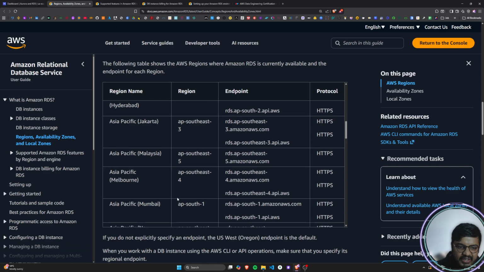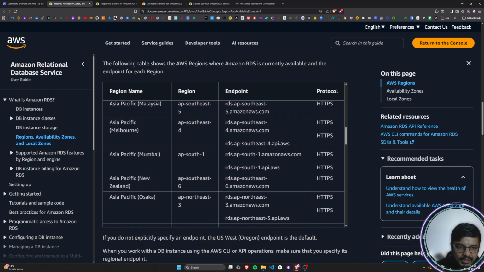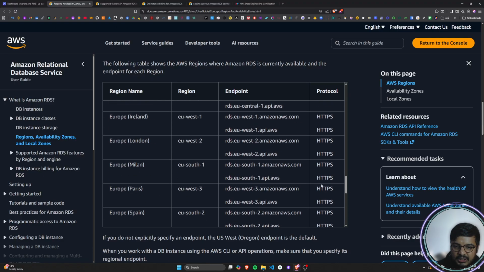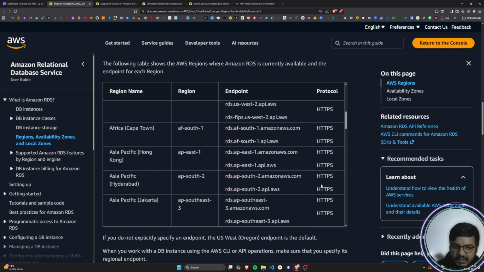Specifically, for the Mumbai region or maybe the Hyderabad region, you can see there are these two endpoints, rds.ap-south-1.amazonaws.com and rds.ap-south-1.api.aws. For all of them, I believe the protocol will be HTTPS itself, and there will be no protocol as HTTP only.